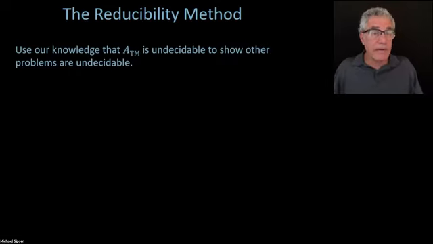This is the standard procedure for showing languages are undecidable using what's called the reducibility method. It takes as a starting point a language that we already know is undecidable, typically ATM, or another one that you've previously shown to be undecidable, and leverages that information to show other languages are undecidable.